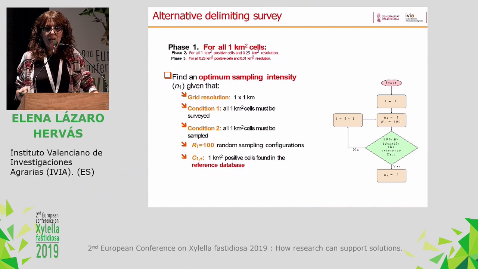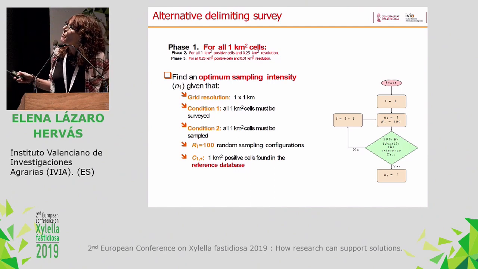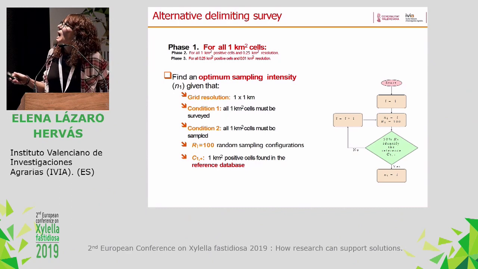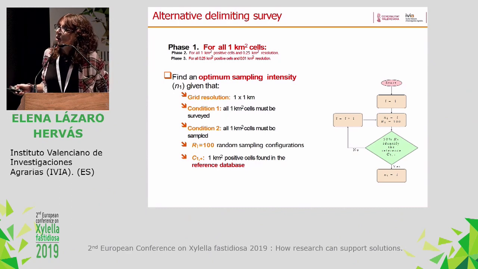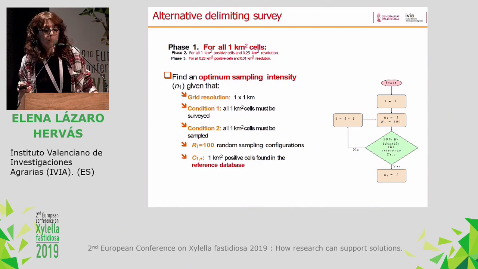I will try to explain it in an easy way. We start with an initial value of the sampling intensity, and we run 100 random sampling configurations according to the restriction imposed by the initial sampling intensity value. And only if 50% of the replicates identify the reference positive cells found in our reference database, this sampling intensity is considered the optimum value.